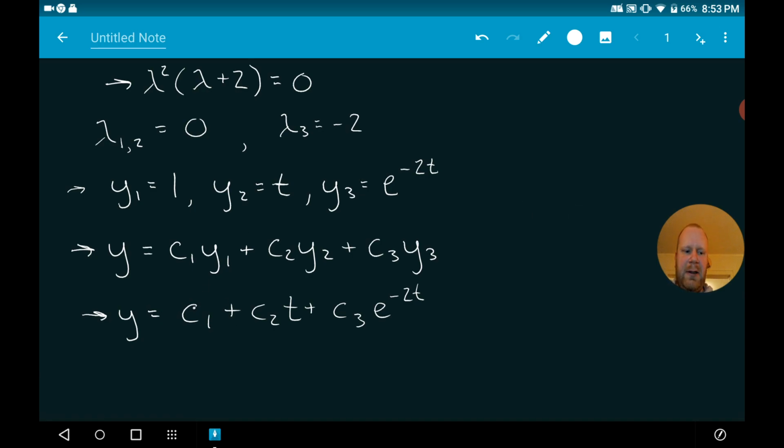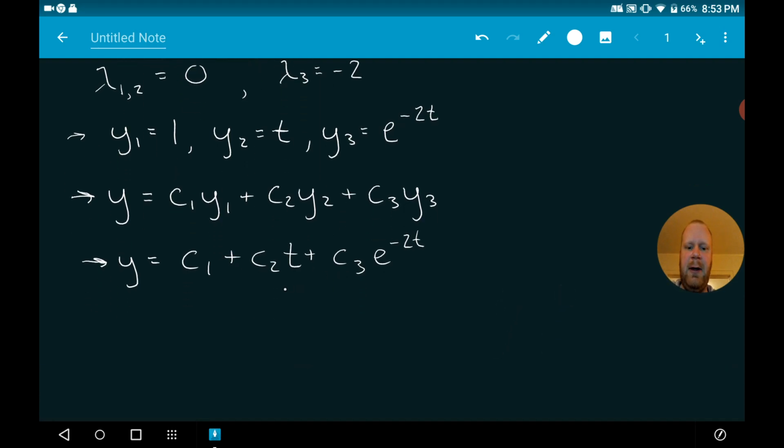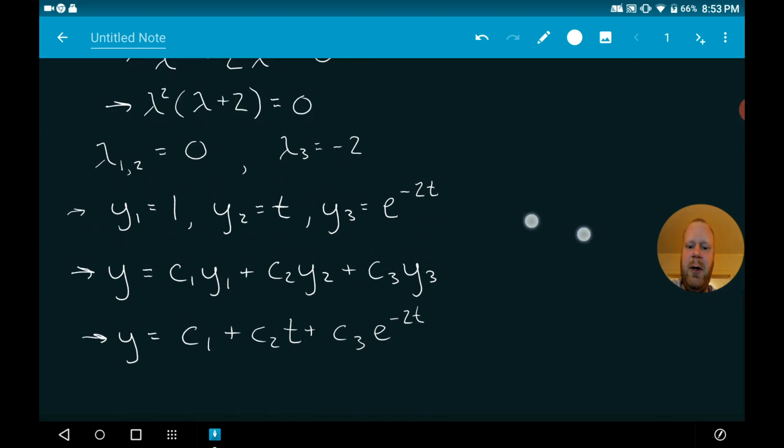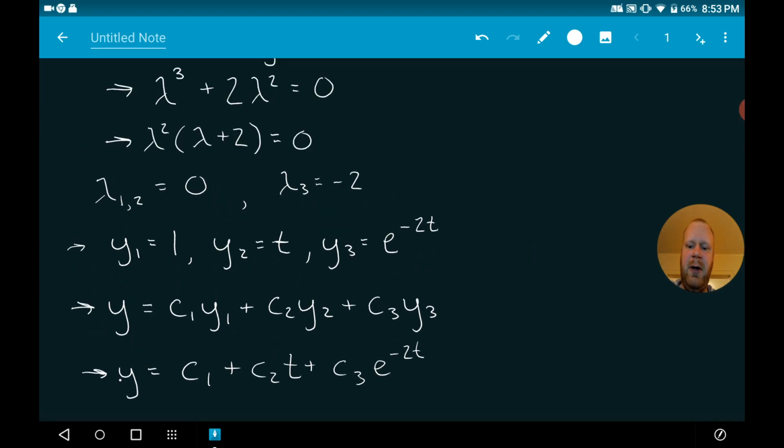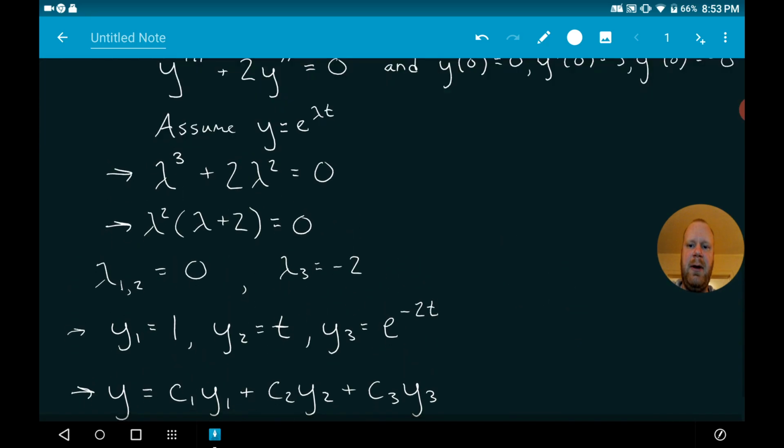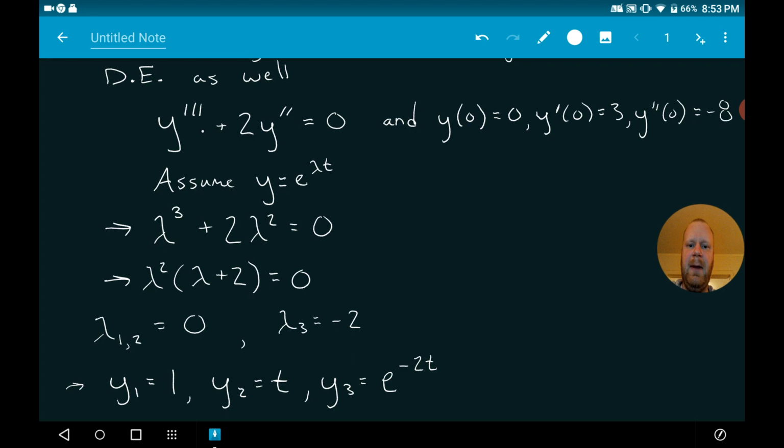I was given some initial points for y and y prime and y double prime. So I'm going to go ahead and plug those in. Remember when we had a second order differential equation, our task was to figure out what y prime and y double prime were and plug them into the differential equation.